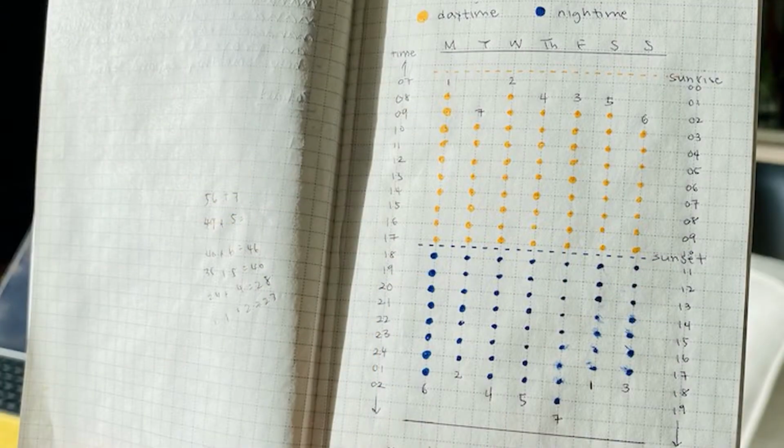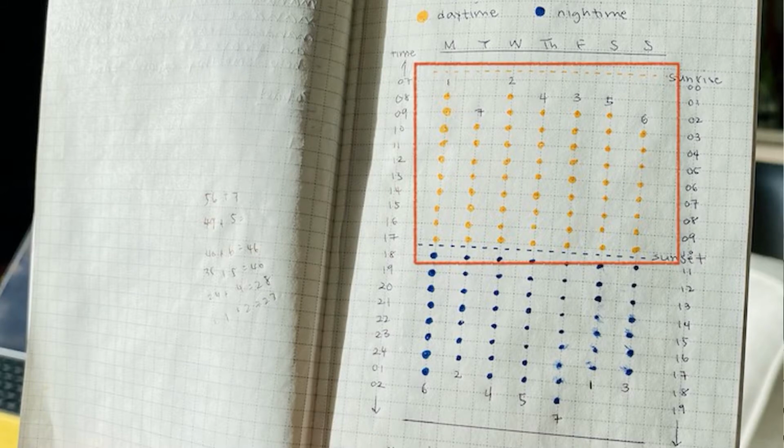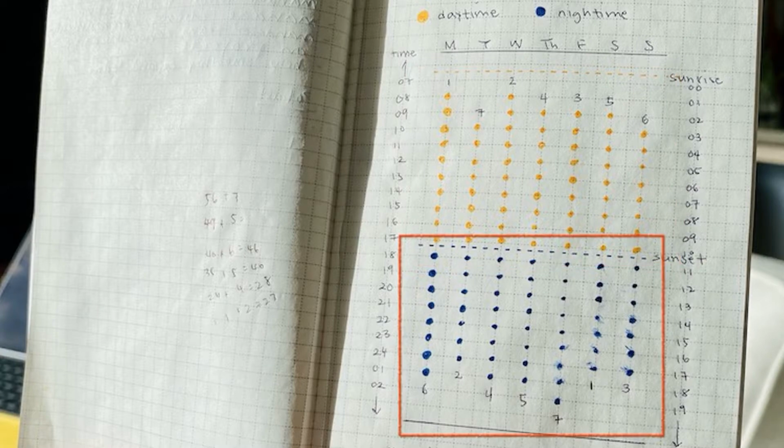On top of that, I decided to add 2 details. I wanted to distinguish which hours were daytime and which hours were nighttime. So I looked up the general sunrise and sunset times in New York City.